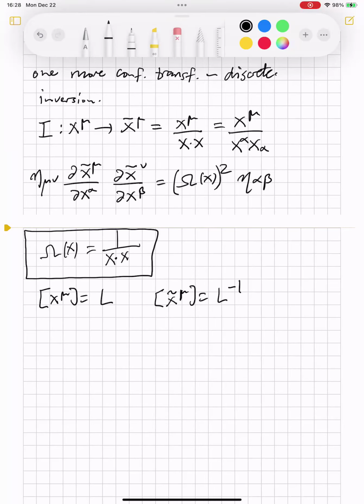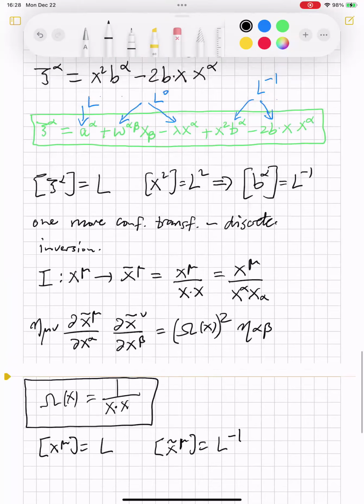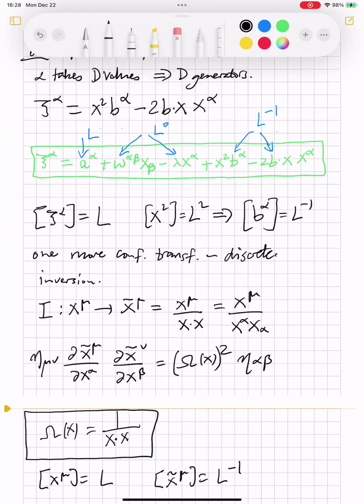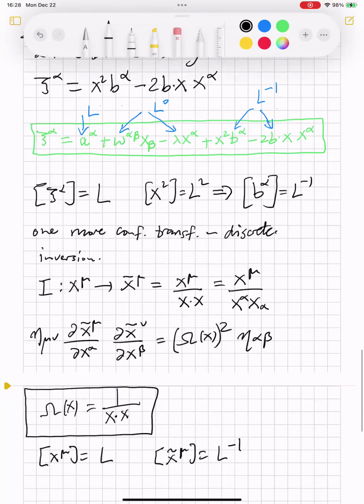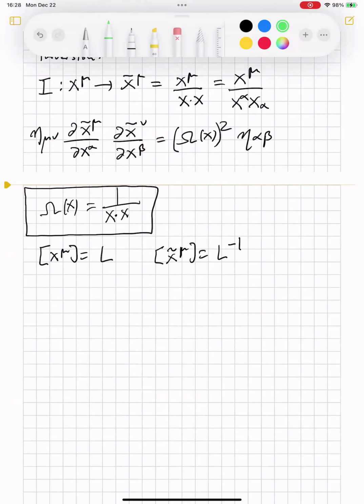Now, this might make you think. This changes lengths into inverse lengths, but for translation, the parameter was A alpha, which was a length, and B alpha has a transformation which is inverse length. There were D parameters for A alpha and D parameters for B alpha. So what does this suggest? Let's just write the suggestion over here. A alpha is a length.